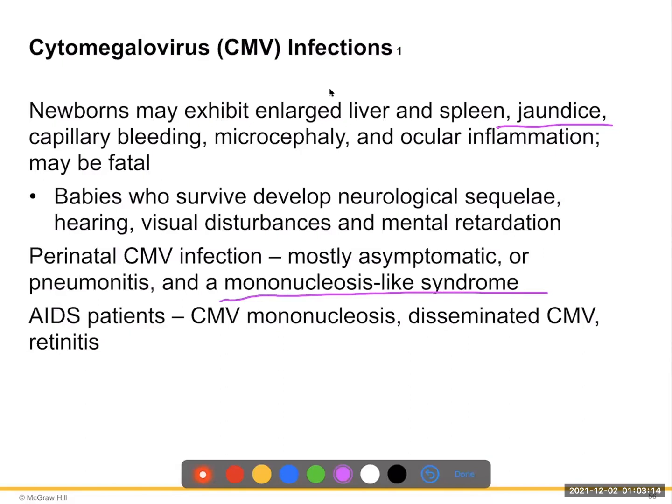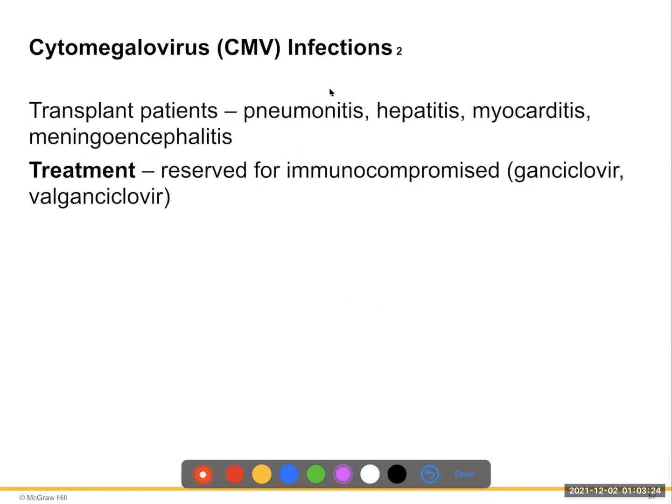In AIDS patients: mononucleosis, disseminated cytomegalovirus, and retinitis. Again, AIDS patients have a depressed or compromised immune system. Transplant patients can get pneumonitis from it, hepatitis, myocarditis, and meningoencephalitis. Treatment is reserved for immunocompromised patients.